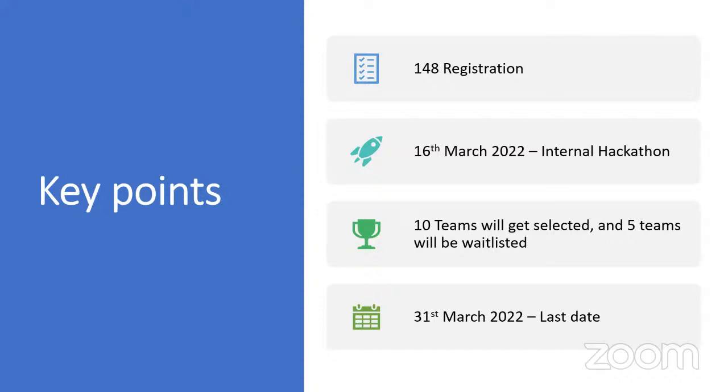Right now from our institution, we have 148 individual registrations so far for the Smart India Hackathon 2022. We have planned an internal hackathon, that is the first screening, on 16th of March. From the first screening, we will scrutinize and select only 10 teams for the Smart India Hackathon 2022, and 5 teams will be put on the waitlist apart from the 10 teams.